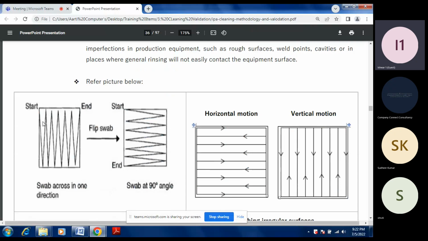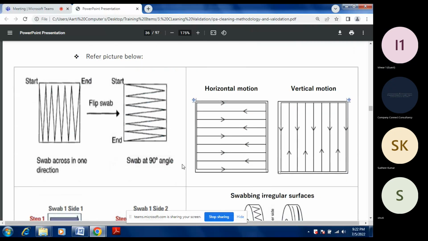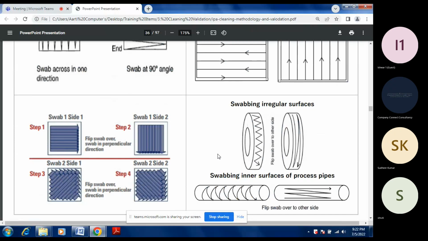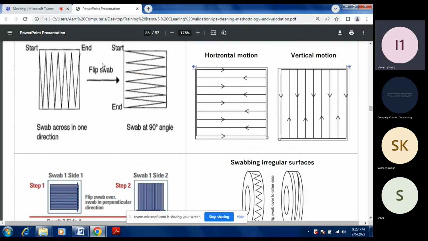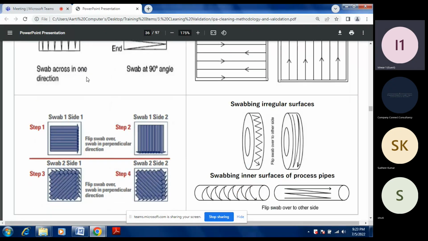One is for horizontal and one is for vertical directions. If the swab stick is flat in shape, we collect the sample with one side for that particular location, and the second side for different directions.